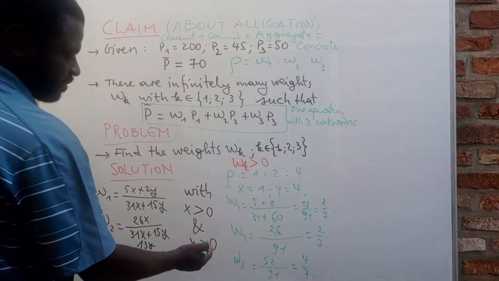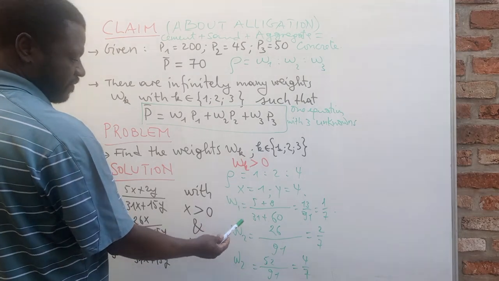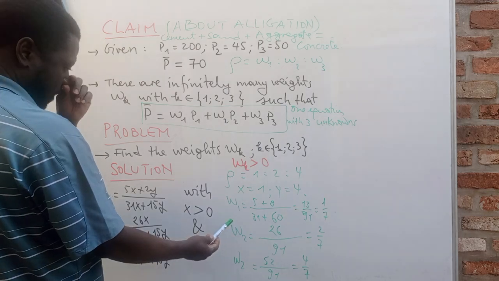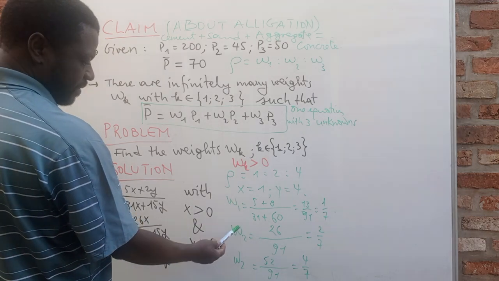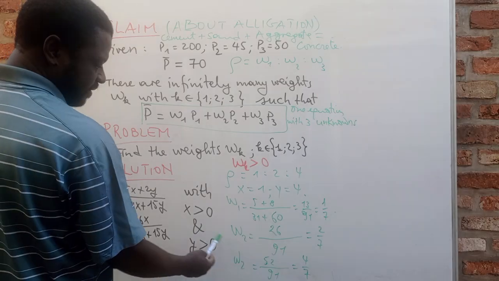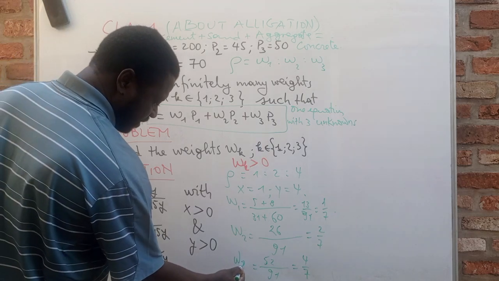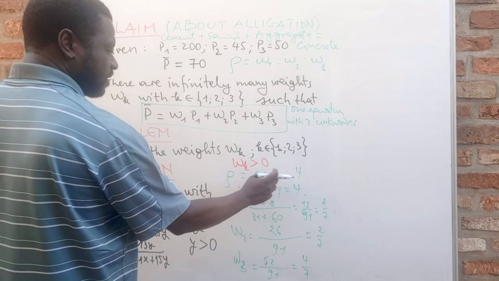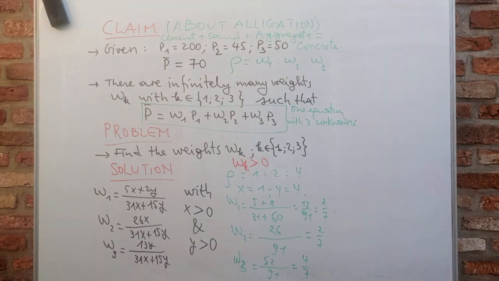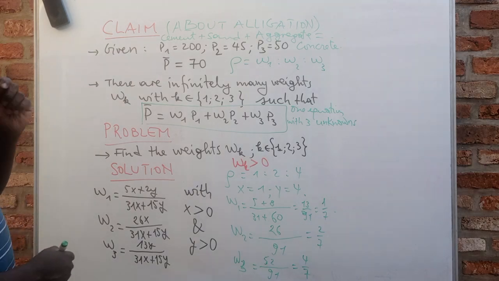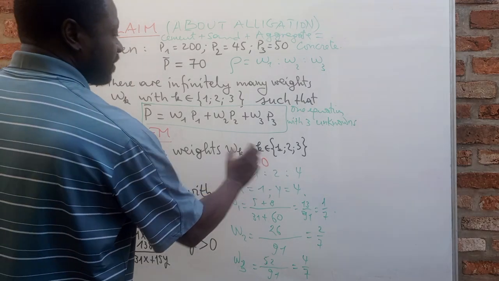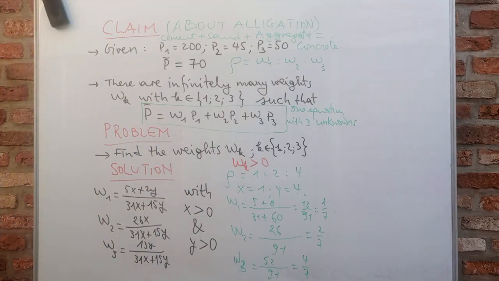Now, in terms of ratio, omega 1 over omega 2 over omega 3 is going to be 1 to 2 to 4 in this case. This is the ratio that we saw last time.